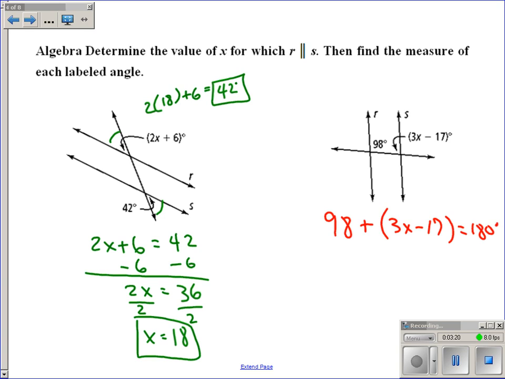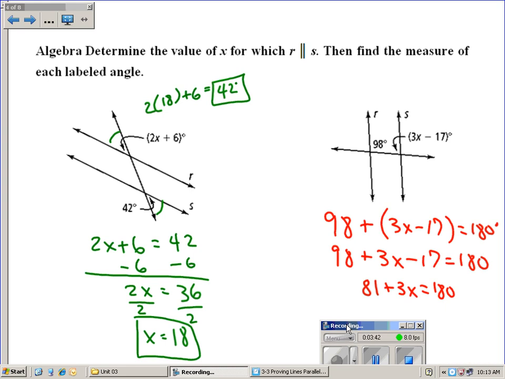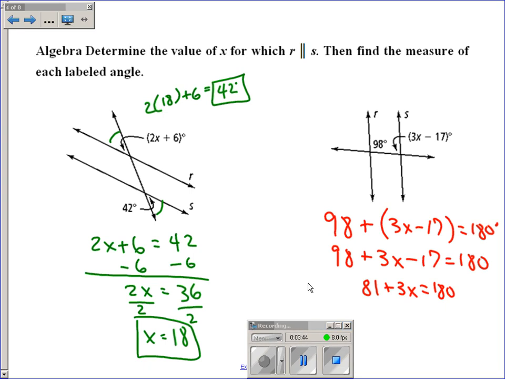Okay, so I solve this equation. I get rid of my parentheses. 98 plus 3x minus 17 is equal to 180. Now, I will combine like terms, and I get 81 plus 3x is equal to 180. Then I subtract 81 from both sides.